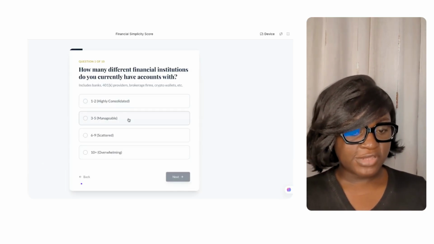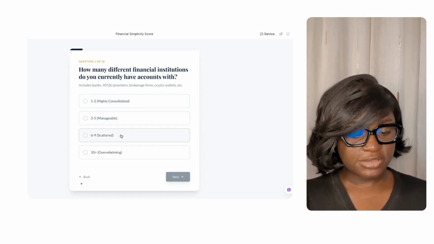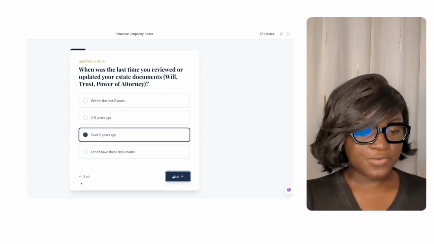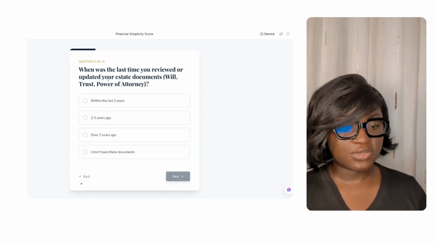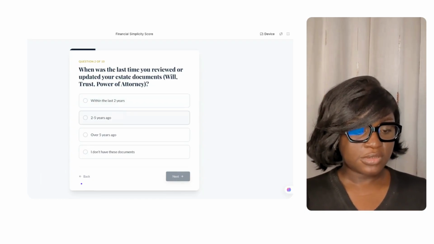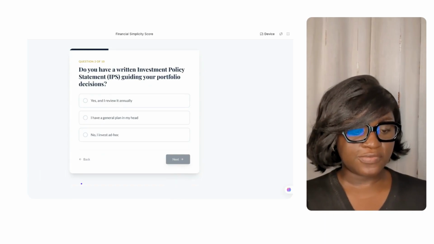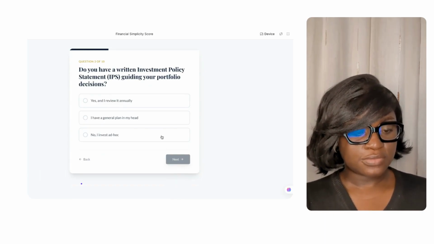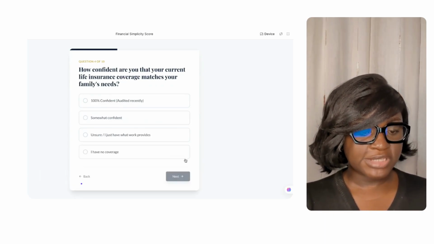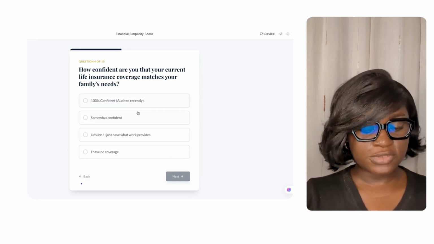How many different financial institutions do you currently have accounts with? Scattered. When was the last time you reviewed or updated your estate documents? Will, trust, power of attorney? Let's pick this. Do you have a written investment policy for your portfolio? How confident are you that your current life insurance coverage matches your family's needs? Somewhat confident.